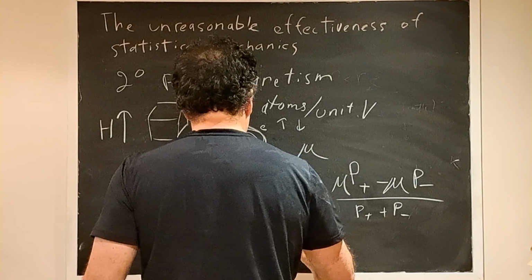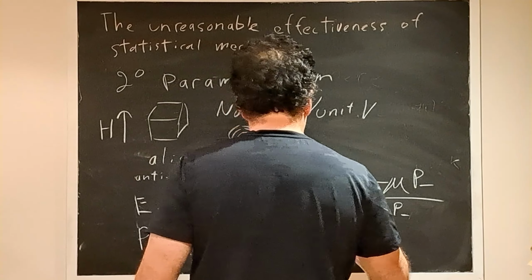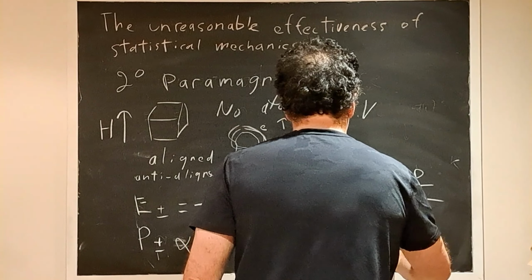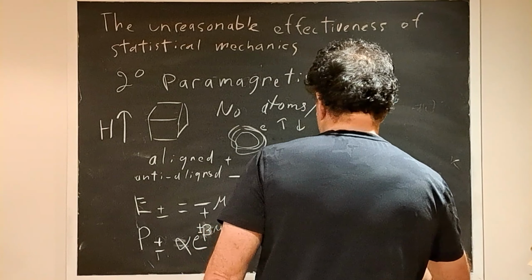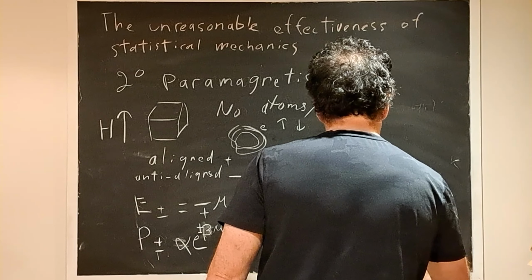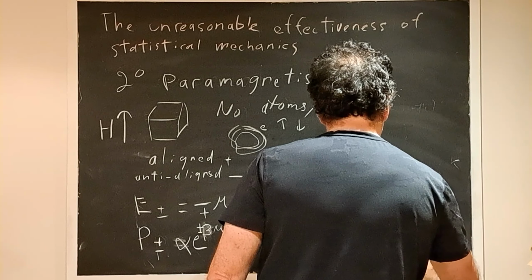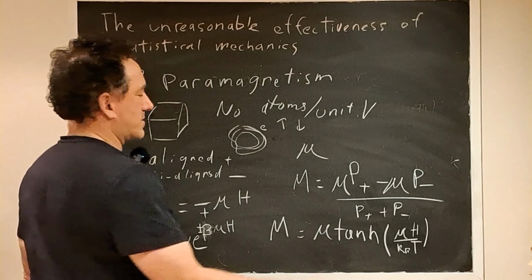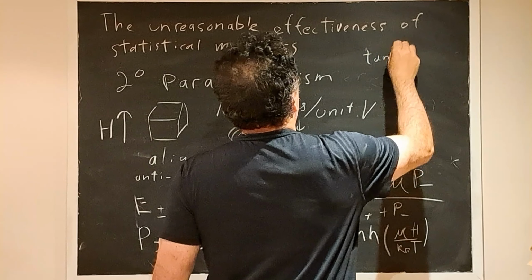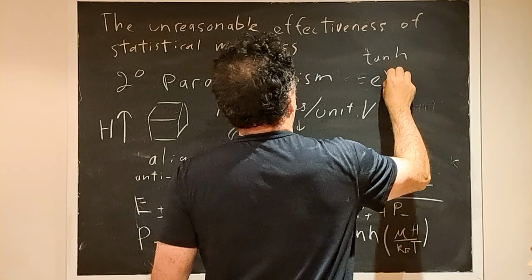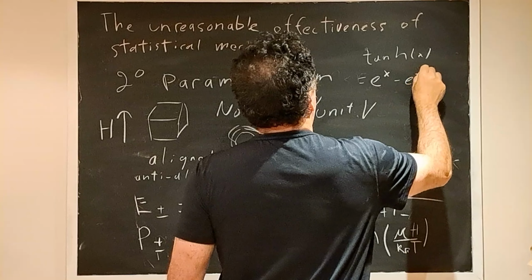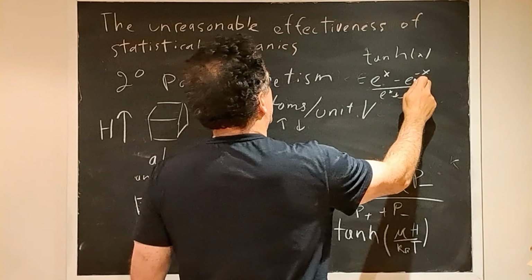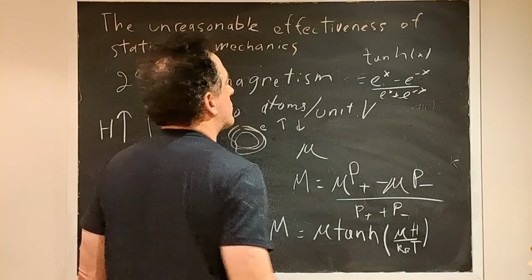Now we can replace our P plus and P minus by what we had here, and we will have that the magnetization is equal to mu. And if you do the whole calculation, we will get the hyperbolic tangent of mu h over kB T, where the hyperbolic tangent is defined with the exponentials: the exponential of x minus the exponential of minus x divided by the sum of these two terms.